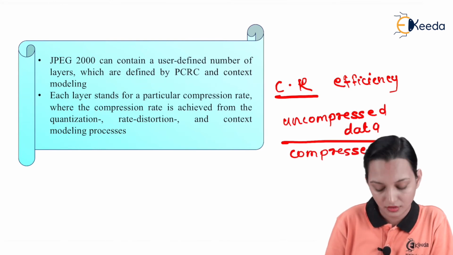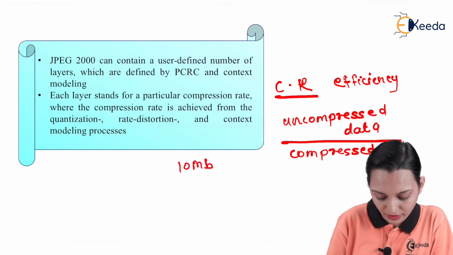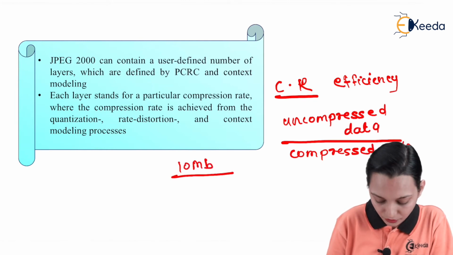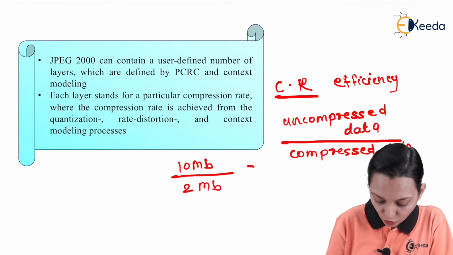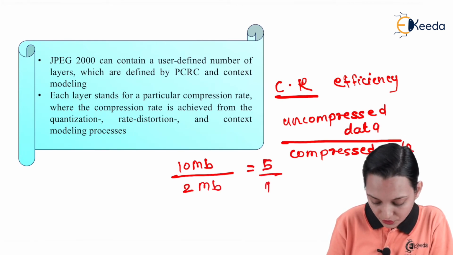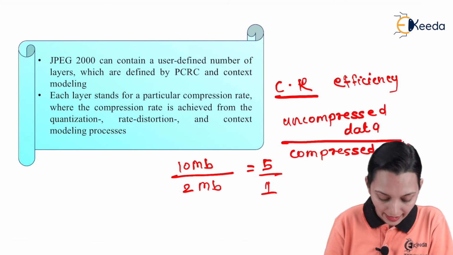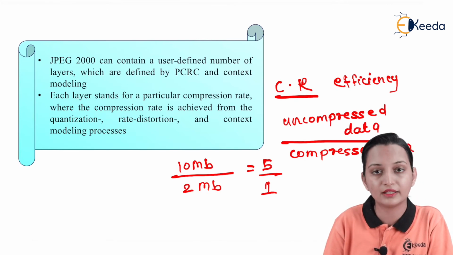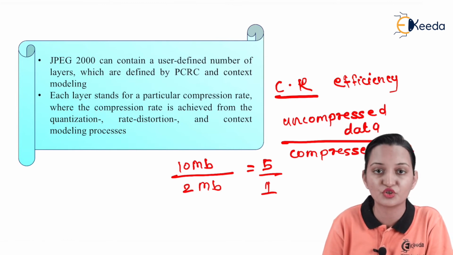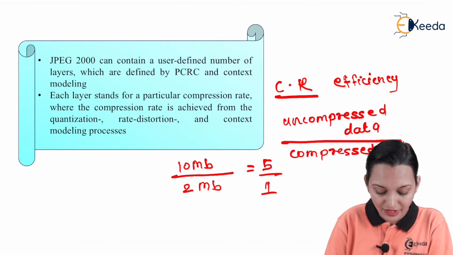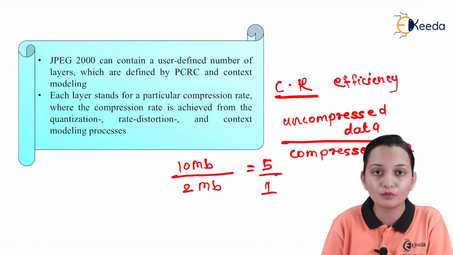Suppose you have a 10 MB file to transfer, and after compression you reduce it to a 2 MB file, then the compression ratio will be 5:1. Like that, every layer will give you a different compression rate, a different compression ratio, and it can be achieved using quantization, as we have already seen, rate distortion and context modeling process.